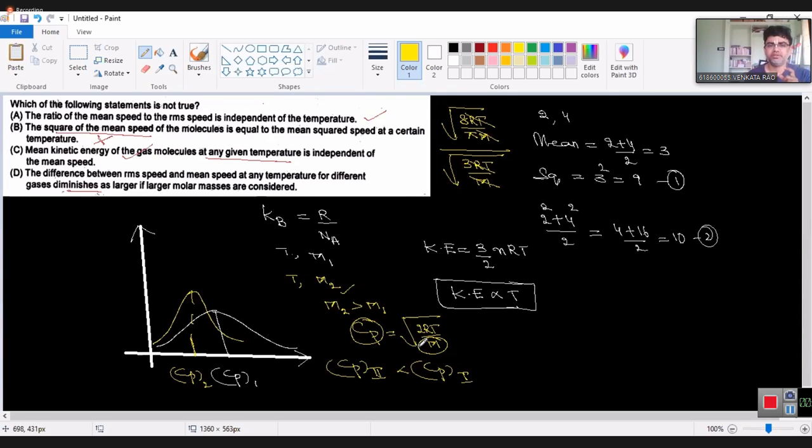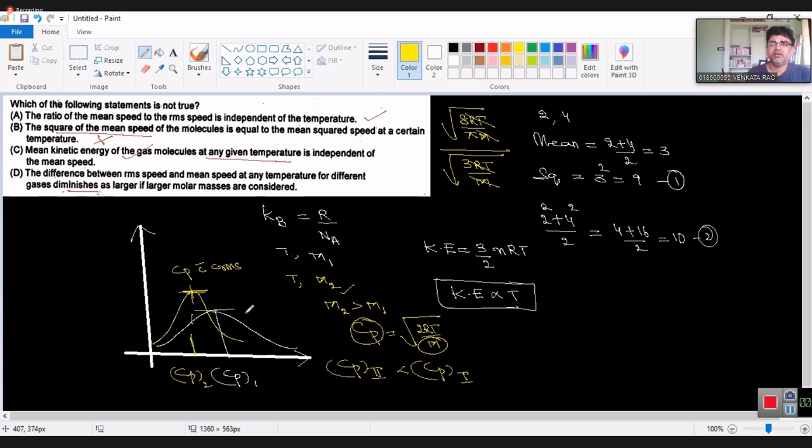So at any given temperature, if we consider two different molecular masses, heavier molecules will have narrow distribution. Here it is broad. What do you mean by narrow distribution? I told you earlier, Cp, C bar and CRMS lie in the vicinity. When the peak is broad, the gap between Cp, C bar and CRMS will be a little broad.